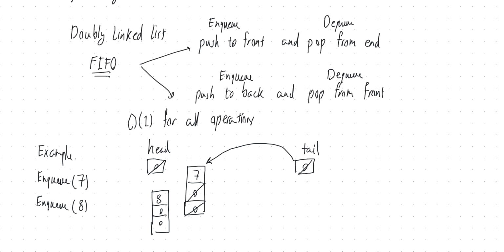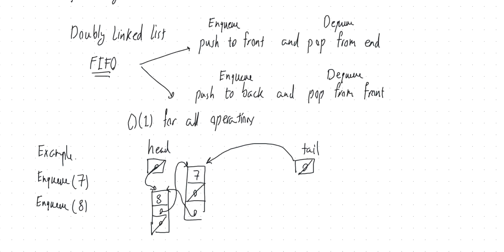Instead, it should point to this new node because I'm pushing this to the front of the linked list. The other thing is the next pointer here should point to what's now the second node. The previous should be null. And finally, the previous pointer in the second node, which is null at the moment, should not be null anymore. It should point to the new node that we created. So it will look like this.